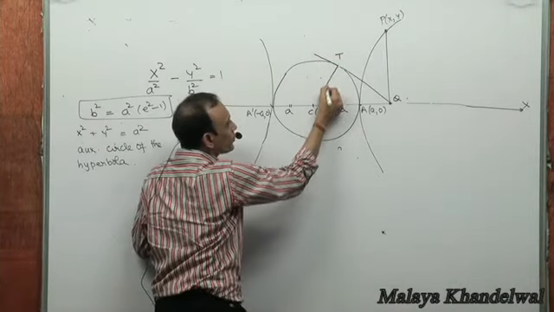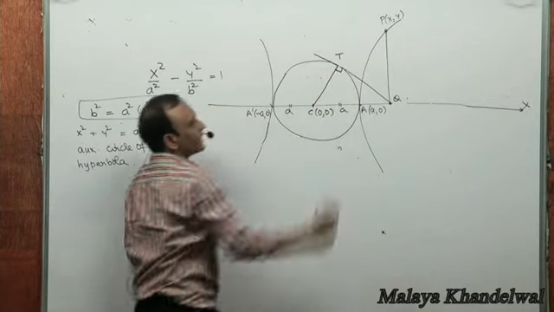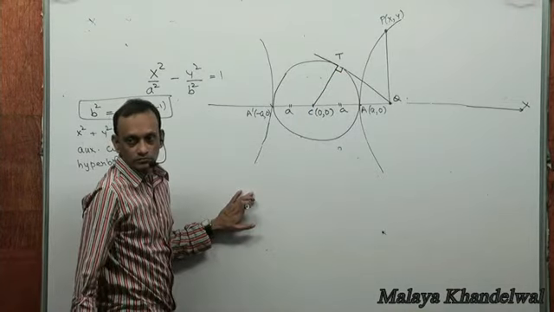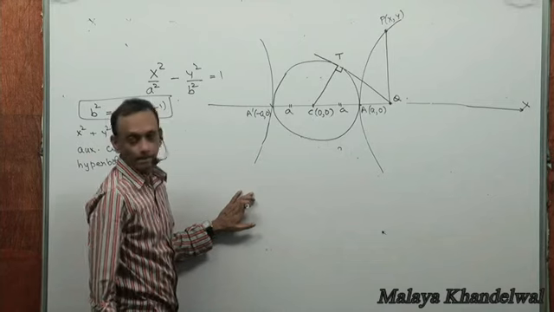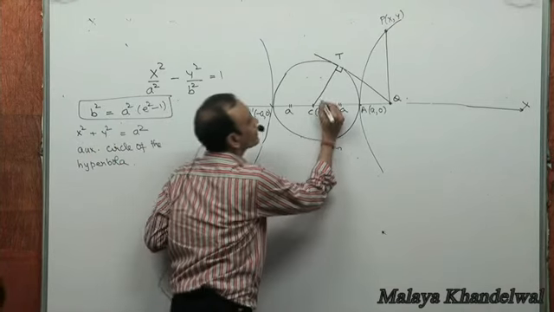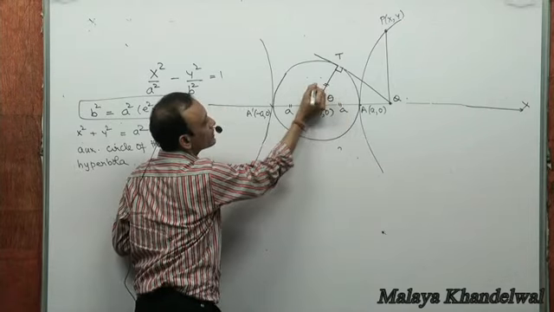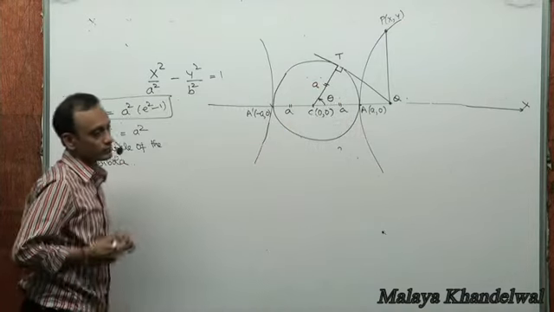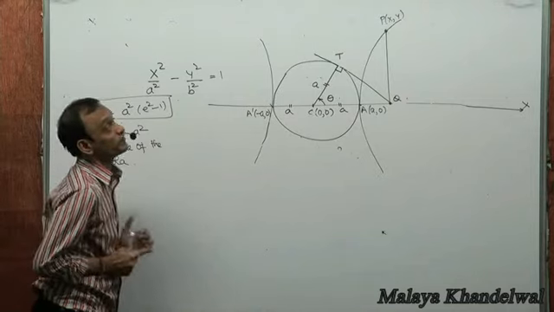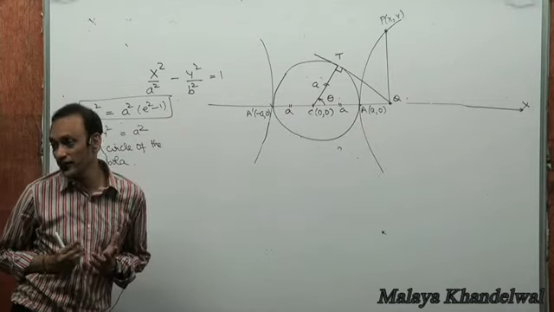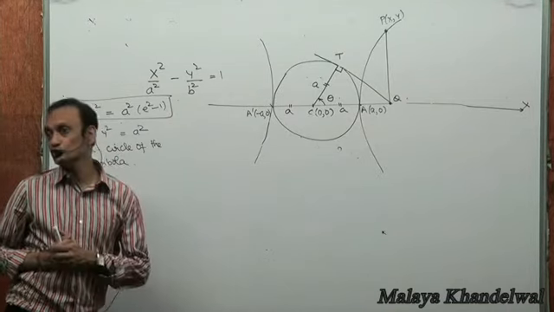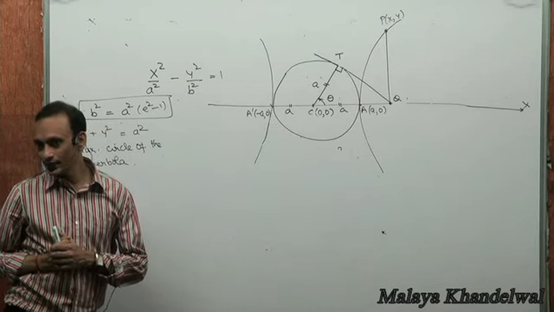The radius at the point of tangency will be perpendicular to the tangent, right? This would be 90 degrees. Now, if this angle is theta, this is A units, the radius of this circle, right? This theta would be different for different P's on the hyperbola, right? Yes or no?